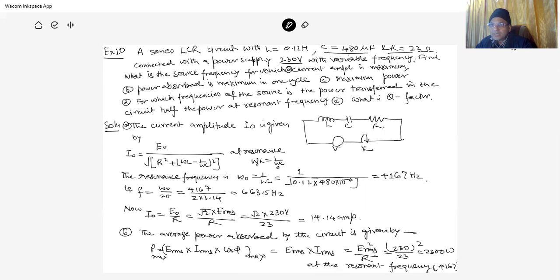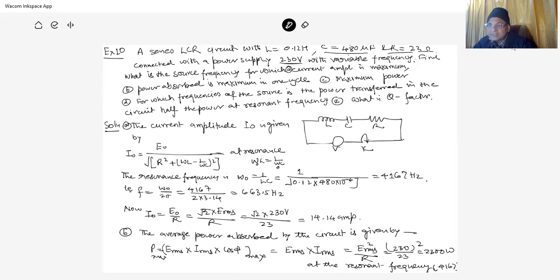Find the source frequency for which the current amplitude is maximum, I maximum. Power absorption is maximum in one cycle. For which frequency of the source is the power transferred in the circuit half the maximum power at resonance frequency? What is the Q factor? All these things we have to discuss.